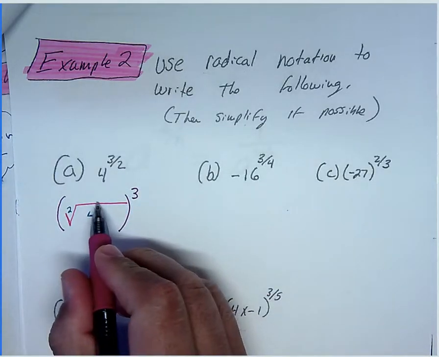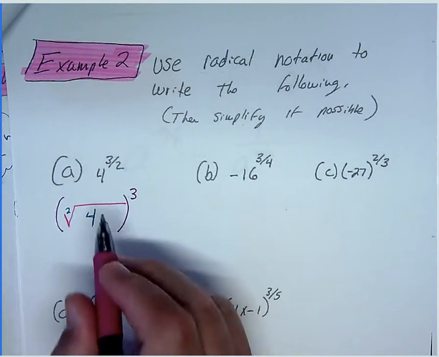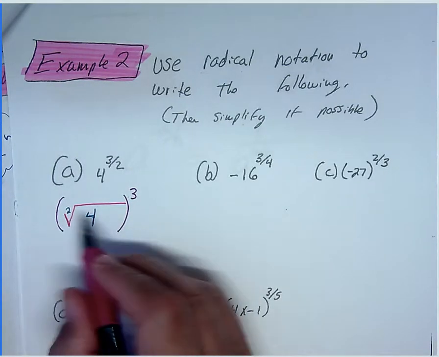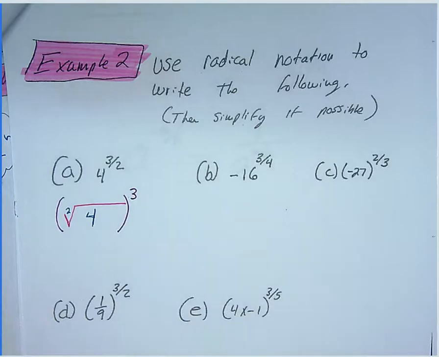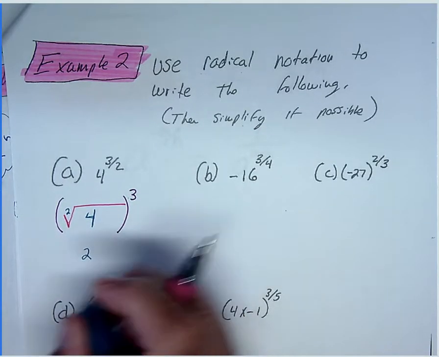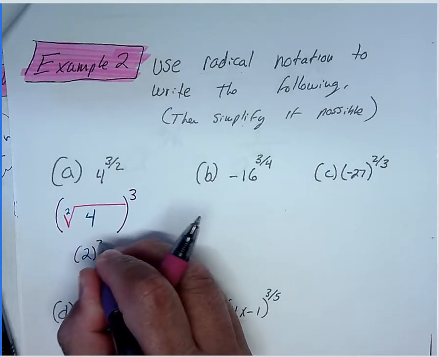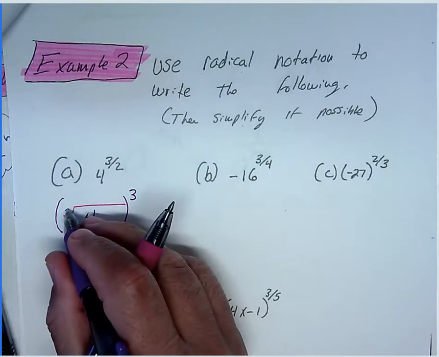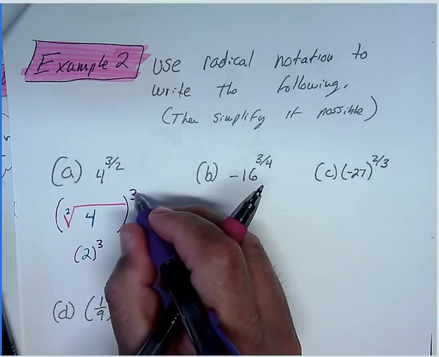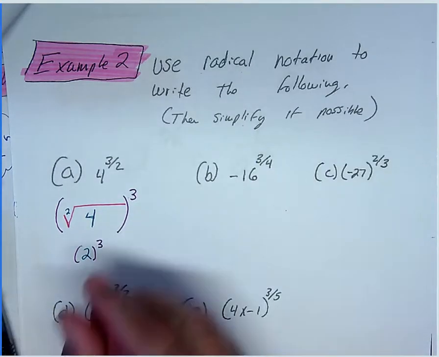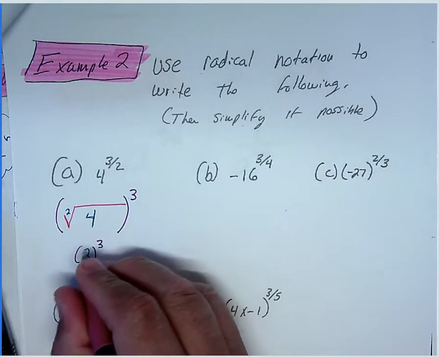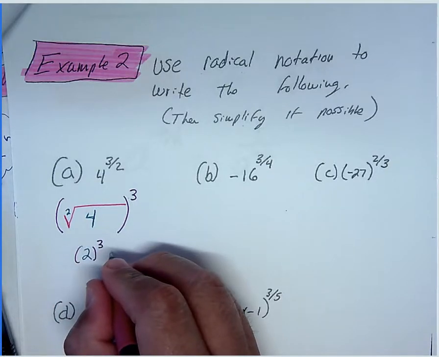So now let's simplify the parentheses. So square root of 4 would be 2 raised to that 3 outside. We got rid of this by doing the square root of that, but we still have that to work with. And that 3 tells you how many times you're multiplying the base.